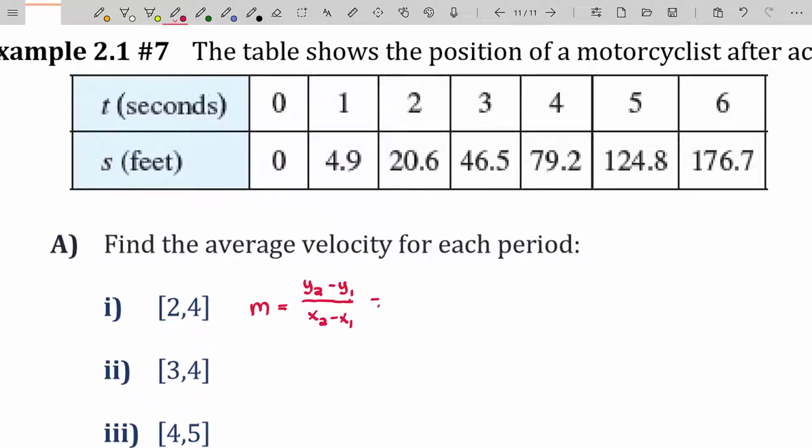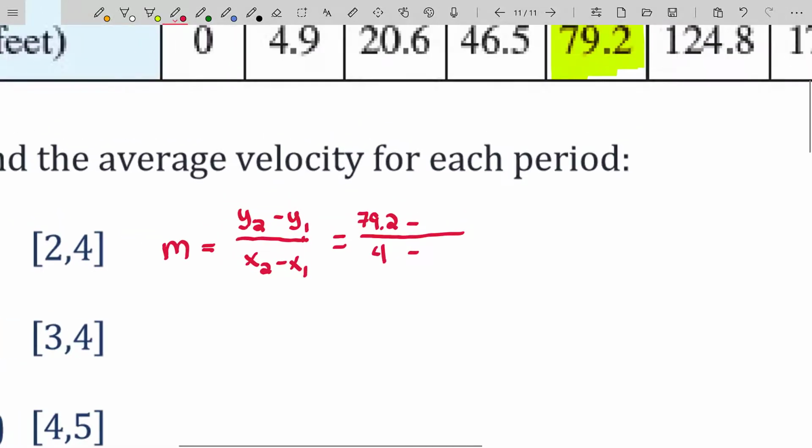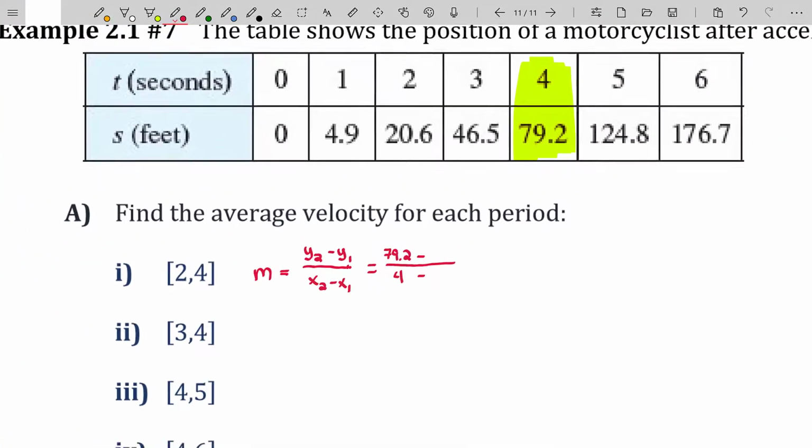Well, the y values here, let's do time 4. Time 4, the y value is 79.2. So that's the distance at time 4 seconds. And then at time 2 seconds, it's 20.6 is what the output is.